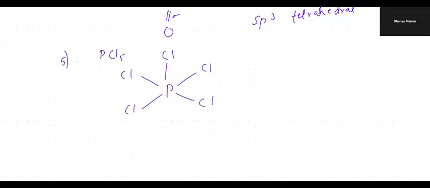So there's no lone pair. Z is equal to how many sigma bonds are there? 1, 2, 3, 4, 5. 5 sigma bonds are there. So 5 hybrid orbitals, so sp3d.